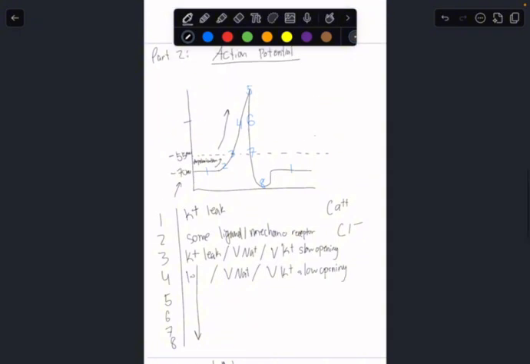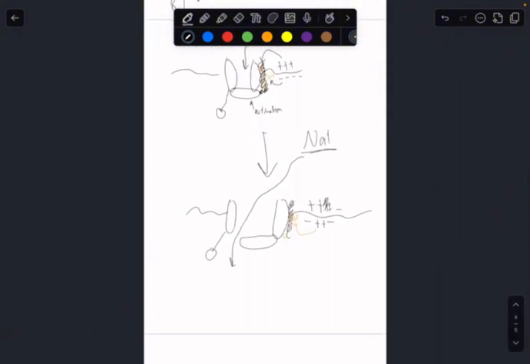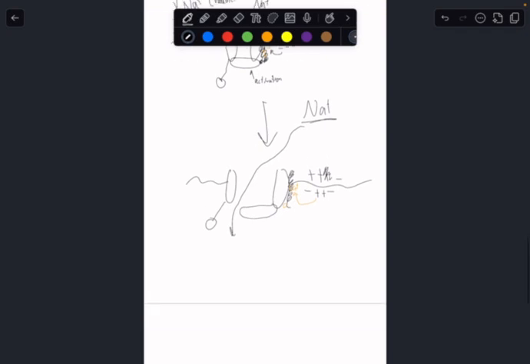Okay, so it's depolarizing, going up, and it reaches a point right here at about negative 55. So it's staying open, but it only stays open for a short time because the conformation of the proteins here are set on a bit of a timer, especially this inactivation gate.